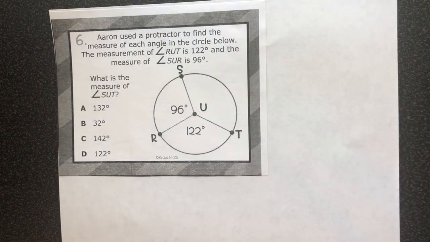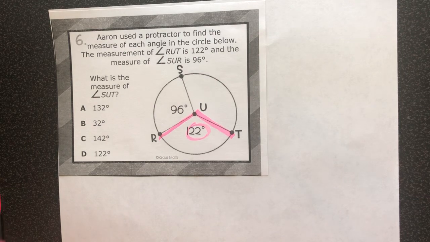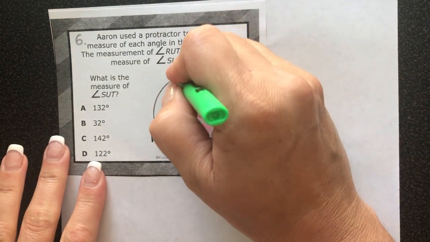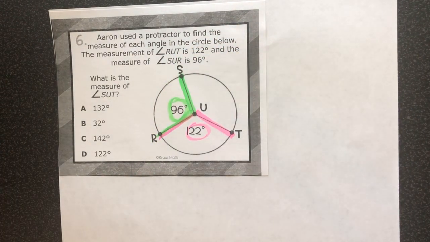Okay. Last question. Aaron used a protractor to find the measure of each angle in the circle below. The measure of angle RUT is 122 degrees. The measure of angle SUR is 96 degrees.